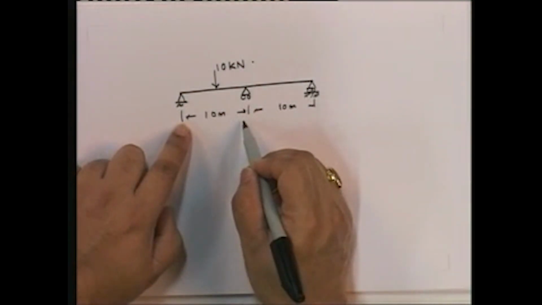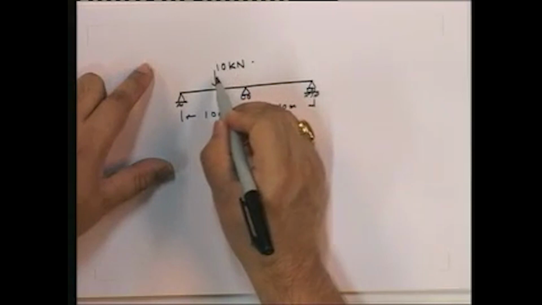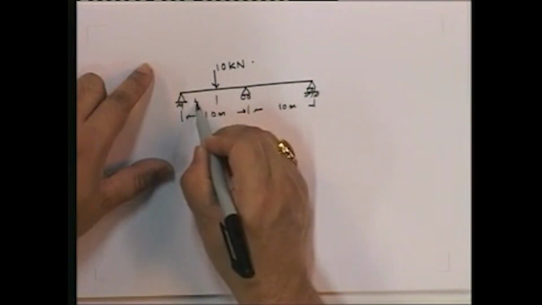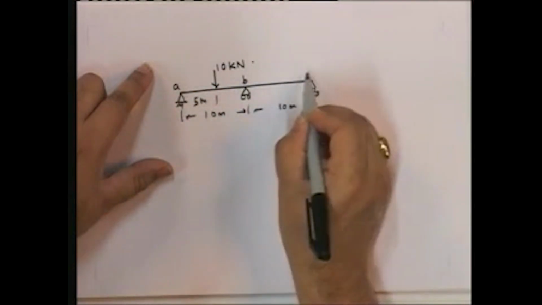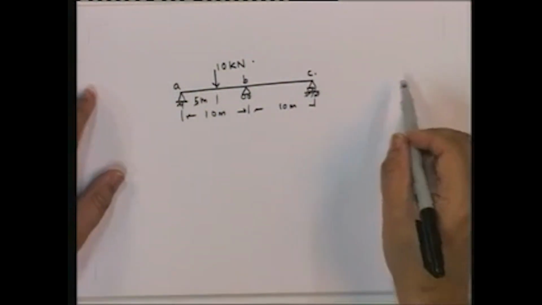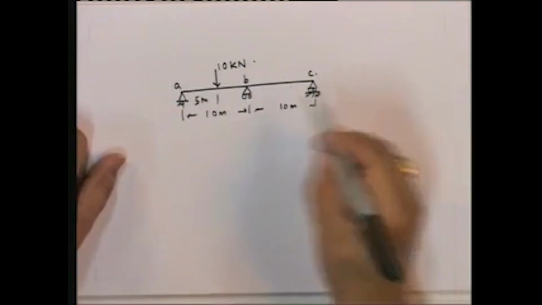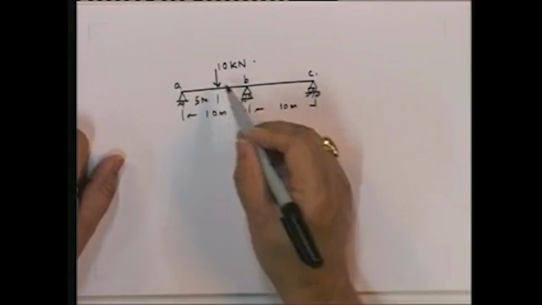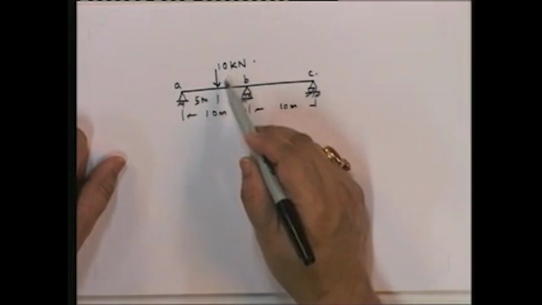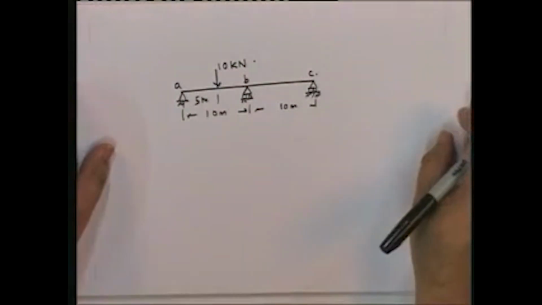Each span is 10 meters, and the load is applied at the center of the span, so this is 5 meters, so this is A, B, C. Think of it as a 2-span bridge, supported on 2 abutments and a central pier. And we have a static load of 10 kilonewtons applied at the center of span AB. And we have to find out the bending moment diagram for this structure. So that is what we have to do in this particular case.